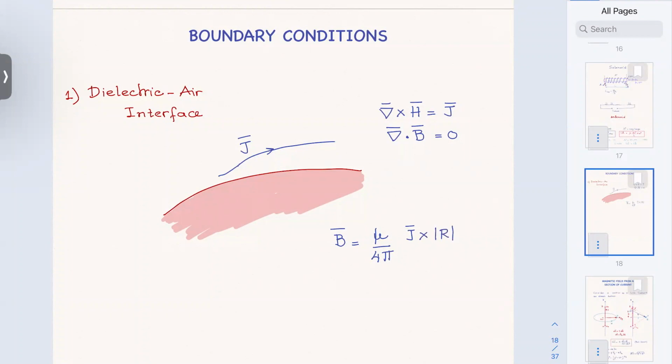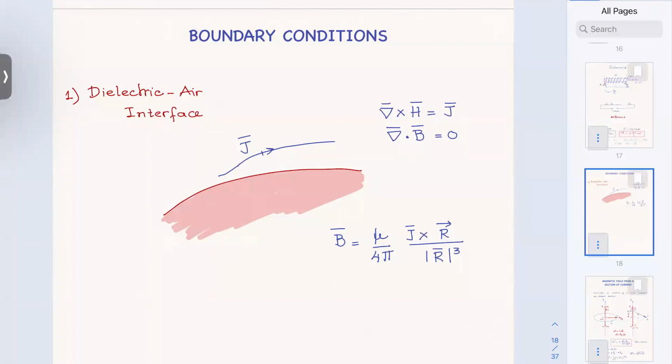In fact, here is a vector, divided by the magnitude of R to the cube, the third power. And this one specifically gives us the magnetic field everywhere at a distance R away from the current.